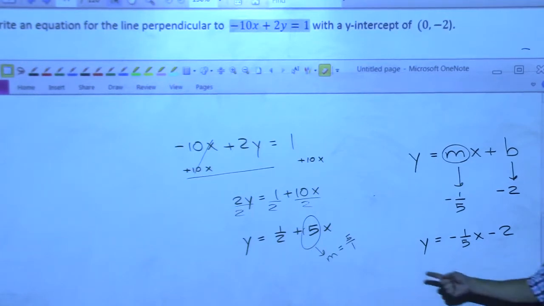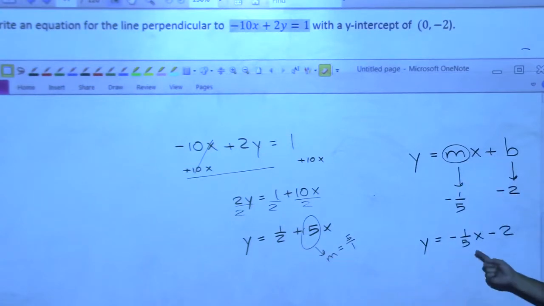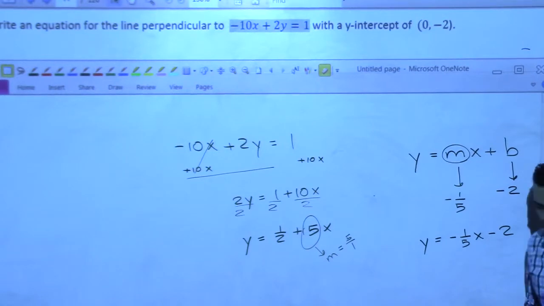So if I graph this line and I graph this line, they should be perpendicular, right? And this one should have a y-intercept of negative 2 if I graph them. All right, I think that's good. Any additional questions about this?